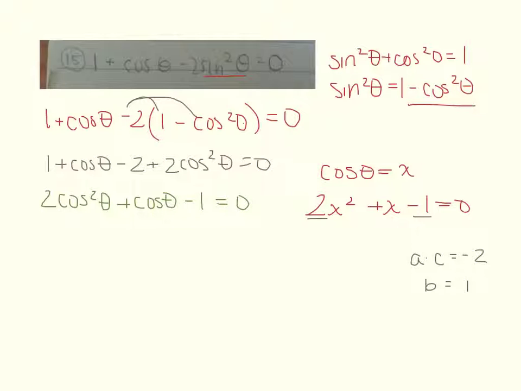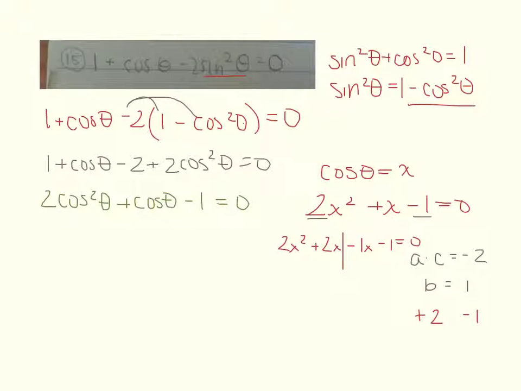And those two pieces are positive 2 and negative 1. So our middle term is really positive 2x and negative 1x. So I'm going to rewrite this as 2x squared plus 2x minus 1x minus 1 equals 0.